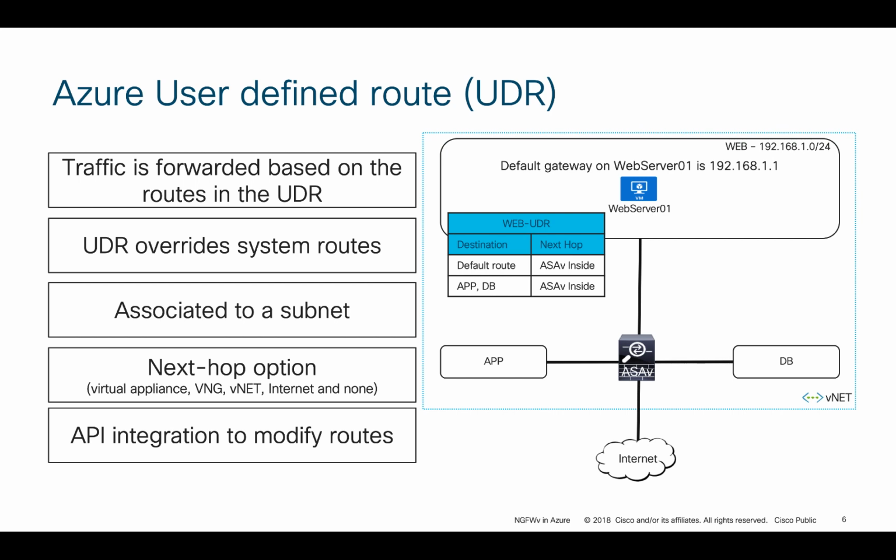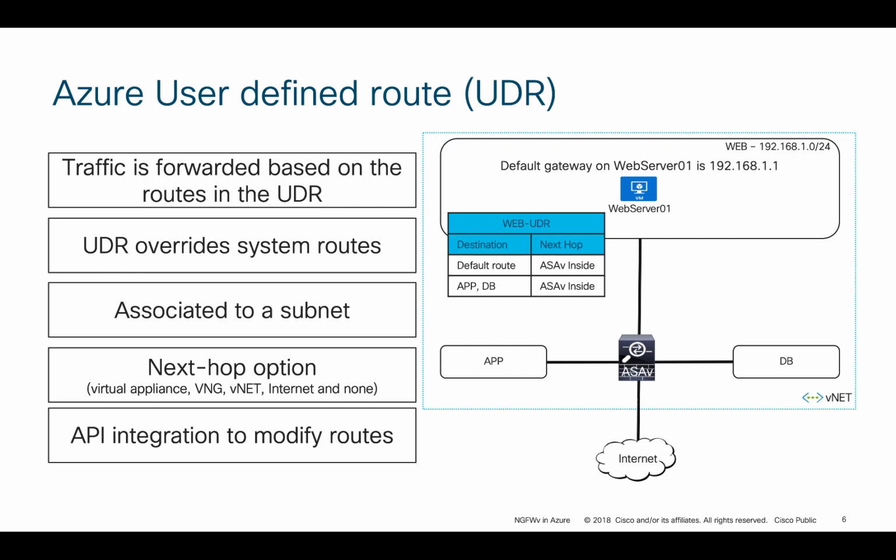Any traffic leaving the virtual NIC of your VM is forwarded based on routes in the UDR. This route takes precedence over system route and it is associated to a subnet. In the next hop option, there are multiple options available. You need to use virtual appliance where you can point your traffic to next generation firewall or ASA.